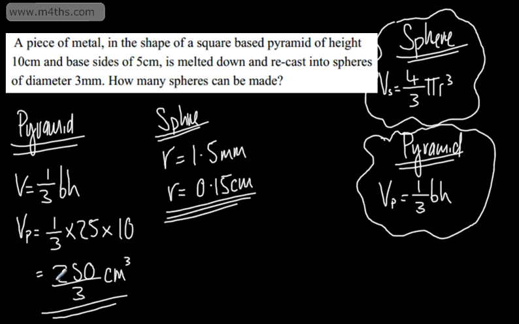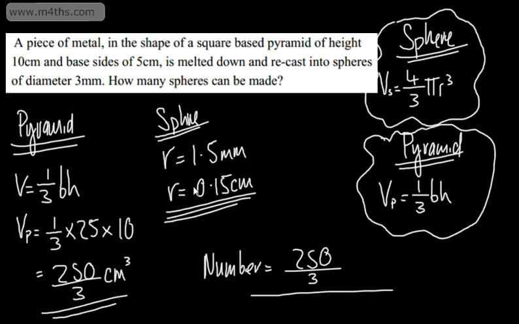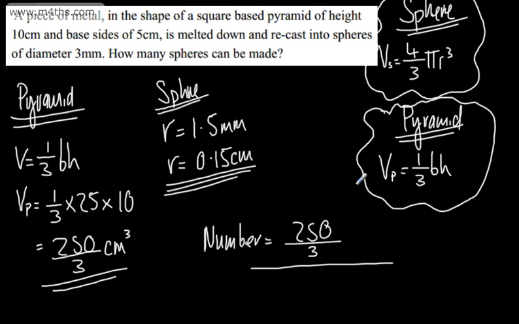All I'm going to do at this stage is simply divide this quantity here by the volume of a sphere using this as a radius. So we can say the number now, so how many spheres can be made? The number is going to be equal to 250 divided by 3, and we're dividing this by the number of these spheres that will go in.